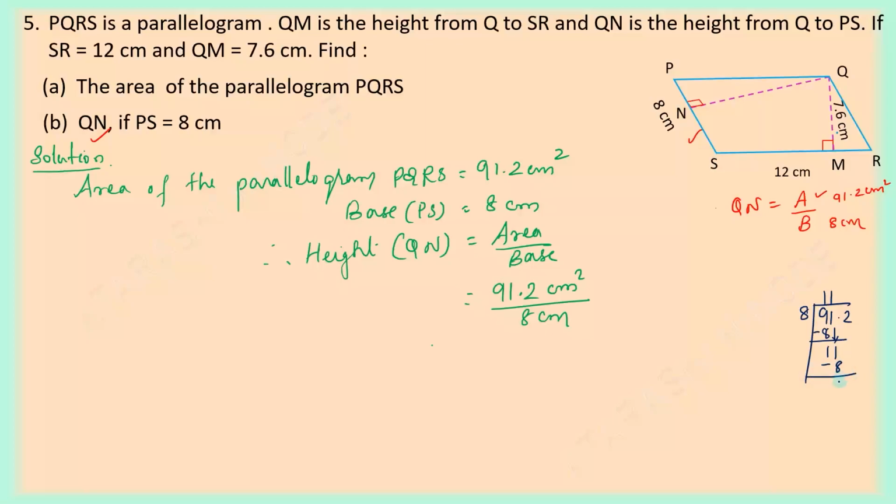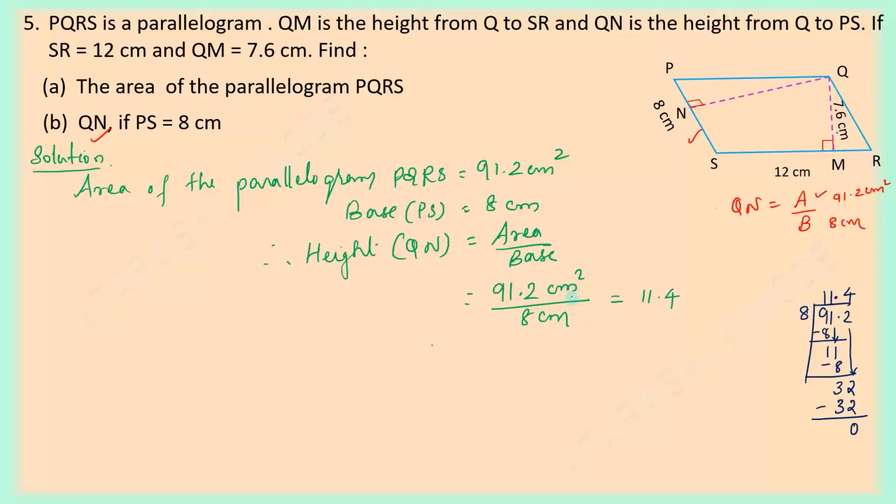Subtracting, we get 3. Next we have to bring down 2. Before that, since there is a decimal here, we have to put the decimal here and bring down 2. Now it is 32. So in the table of 8 we get 4 8s are 32. Here the remainder is 0. That is, 91.2 divided by 8 is equal to 11.4.